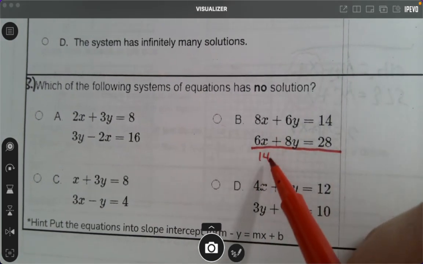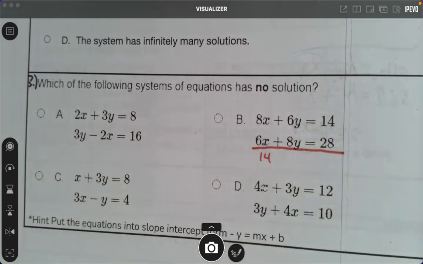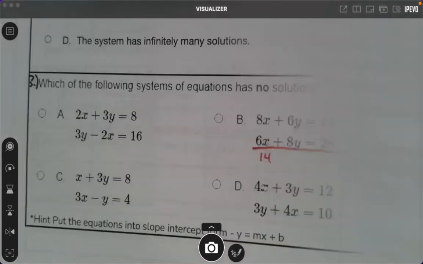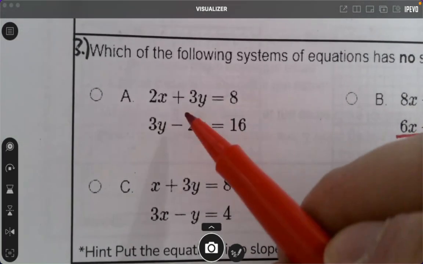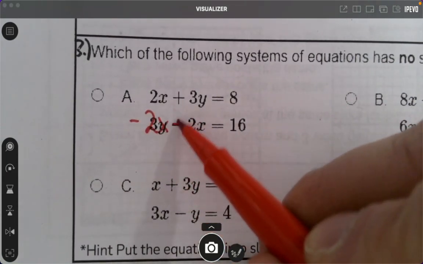I get 14. No, I don't even get elimination happening. So I'll have to show you what I did in a previous work part. But the correct answer, well, I'll tell you why it's not A. So what you have to do, this is tricky now, you have to put them in the correct order.